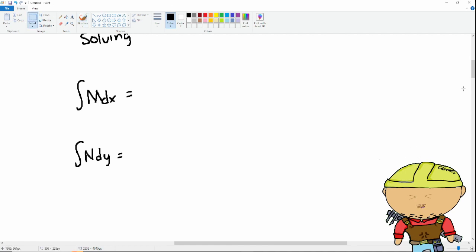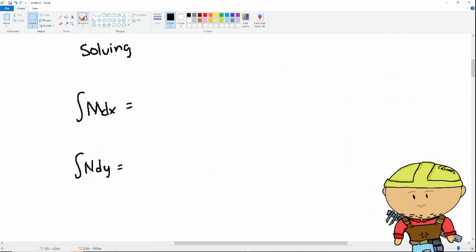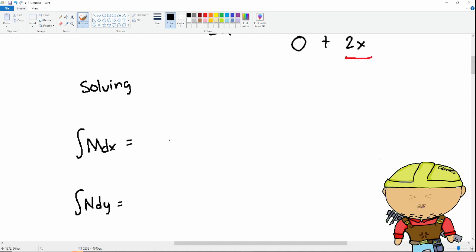For example, for M we have 2xy. In half integration, we put 2y here and integrate x dx because we're only focusing on x now.